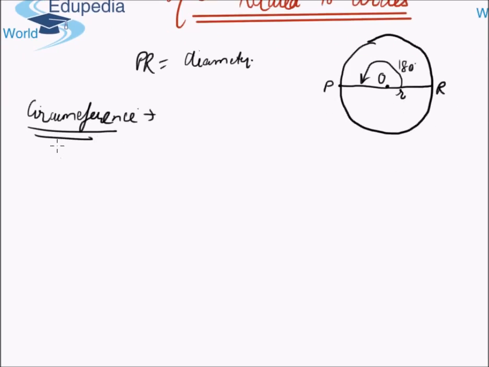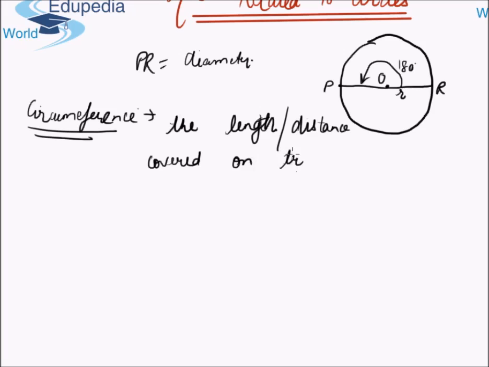Circumference is the length or the distance covered on traveling once round the circle. That is simply this whole length, which will be the circumference of the circle.